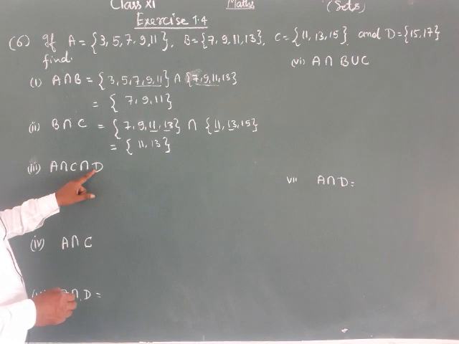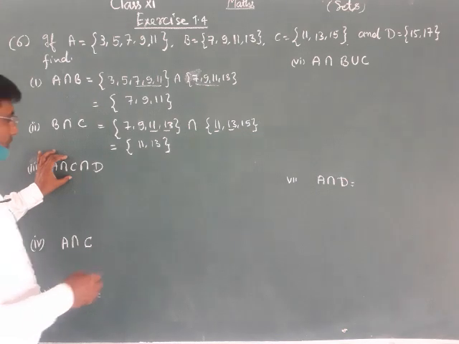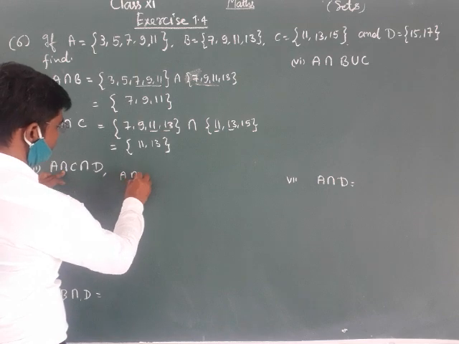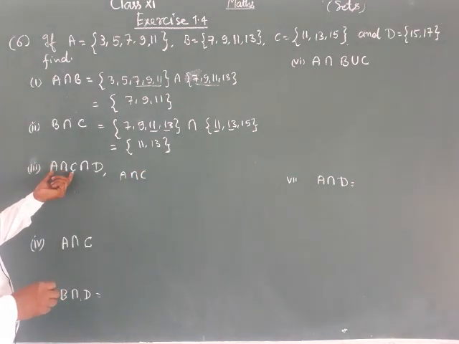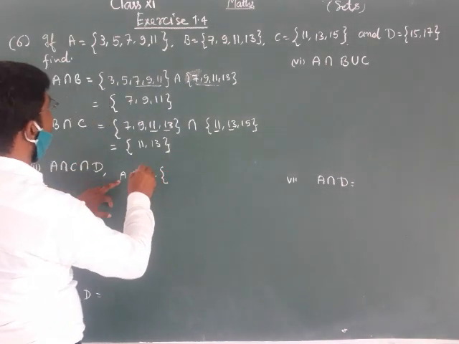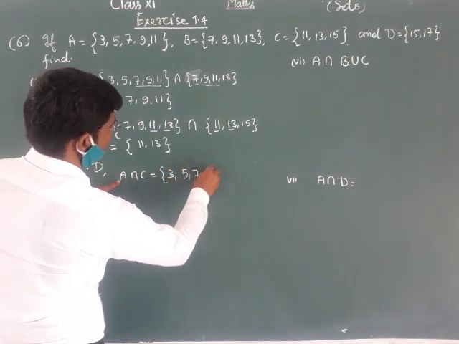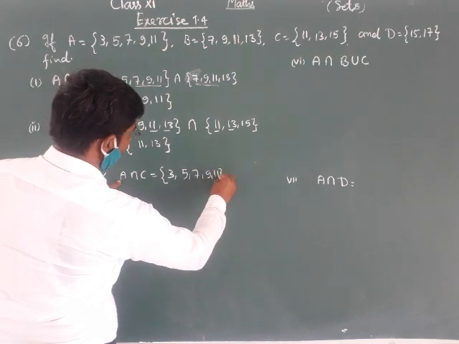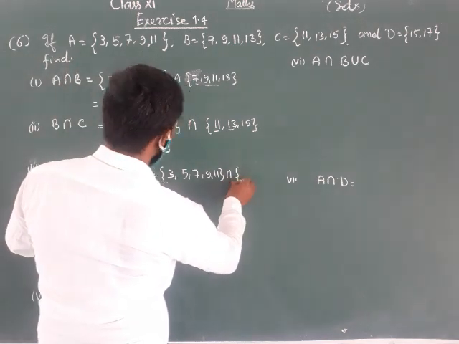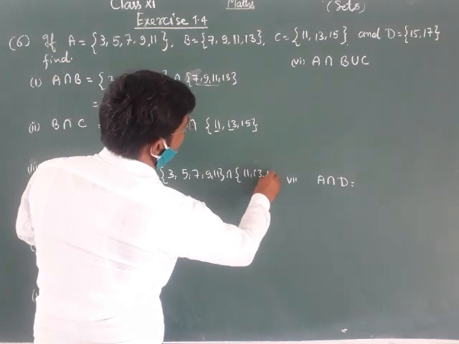So now we find A intersection C. Initially, A has elements 3, 5, 7, 9, 11, and intersection C has elements 11, 13, and 15.